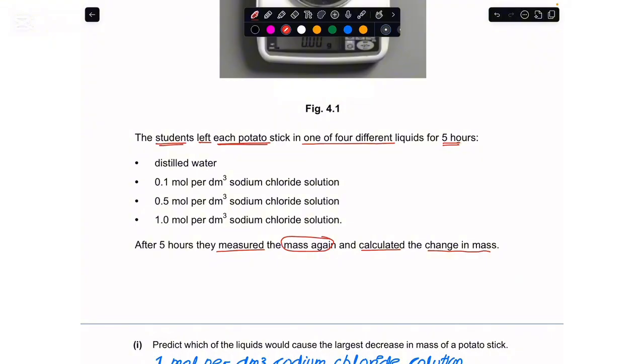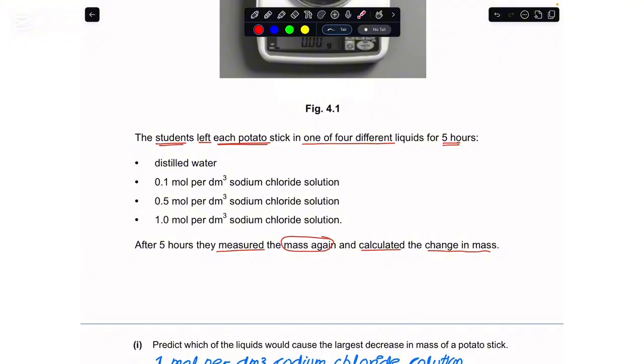What you need to keep in mind is that in distilled water, if we see an increase in the mass of the potato, that means water has entered the potato stick. For any of the sodium chloride concentrations given, we have to see whether there is an increase or a decrease in mass.